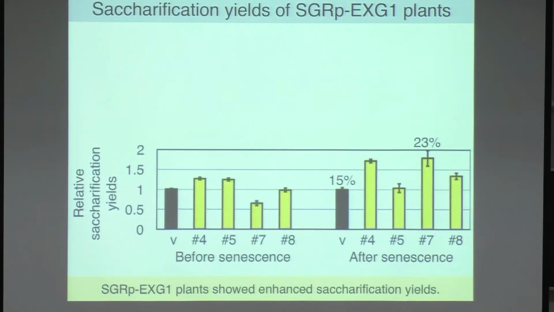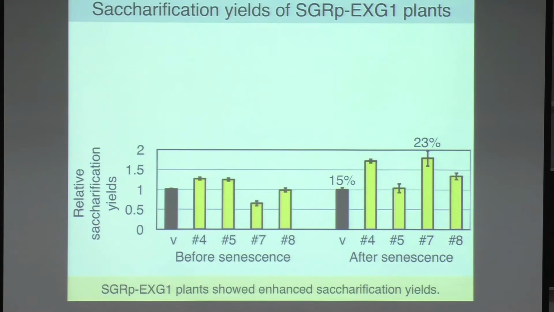Next, we examined the saccharification yields from rice straws. This is before senescence, and almost similar saccharification yields were observed between the control plant and the SGR EXG1 plants. But after senescence, higher saccharification yields were obtained from the transgenic plants compared to the control plant, but not this plant.